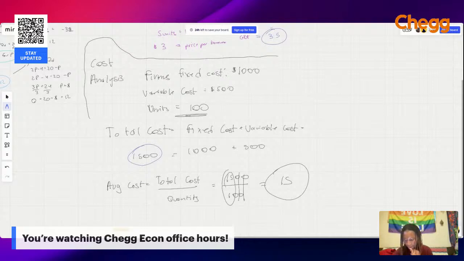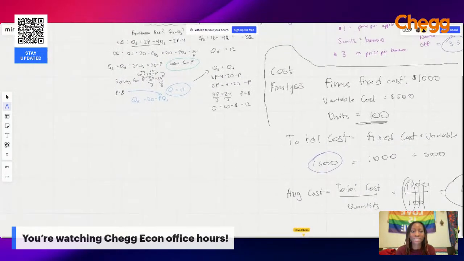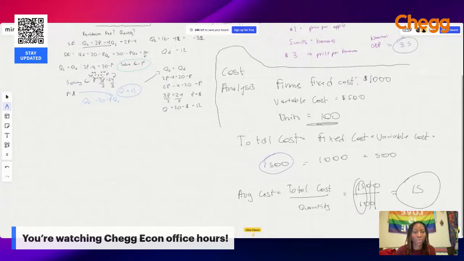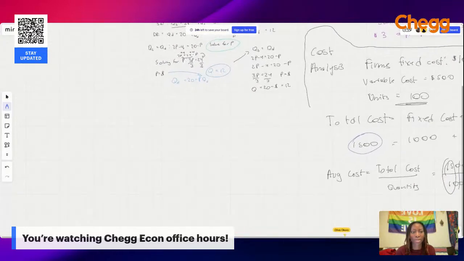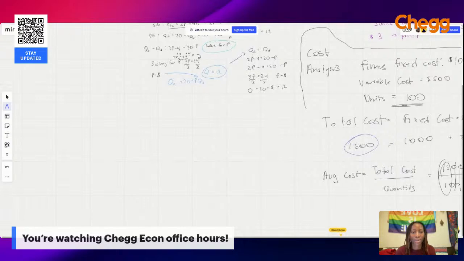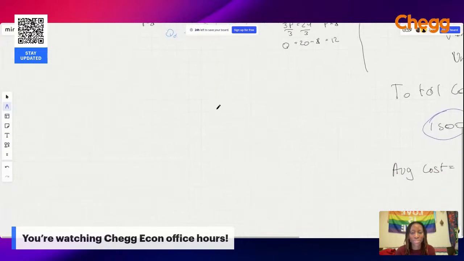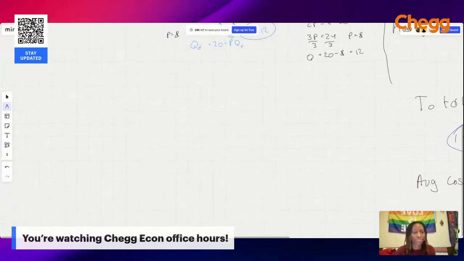Next, we're going to do economic indicators, specifically working with inflation. I'm going to use this space right over here. Right here. We're going to just use this space.